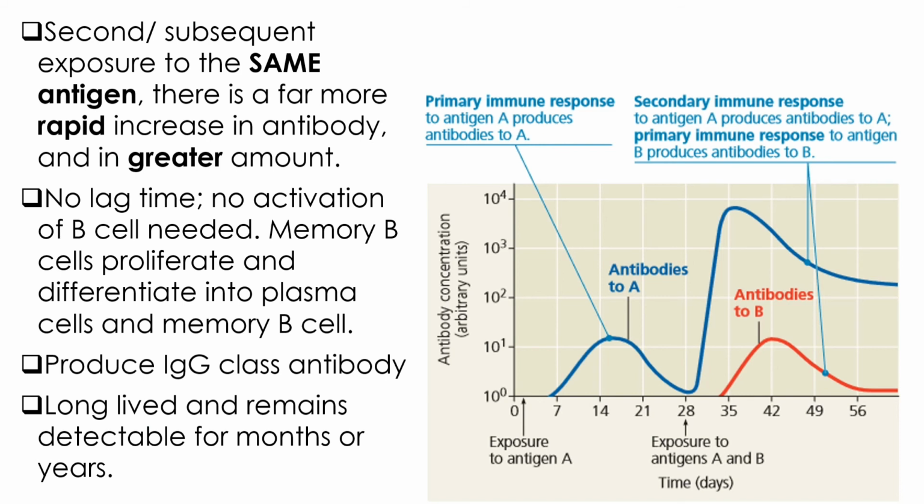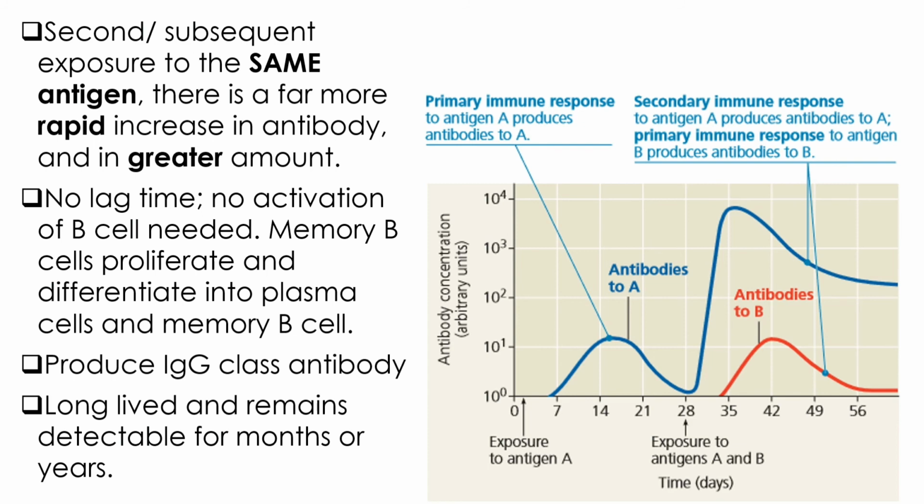Next, the antibody produced by the plasma cell during secondary response is from class IgG. This class of antibody is long-lived and can remain detectable for months or years inside the body after the antigen has been cleared. So, the protective value of the secondary immune response will last longer.